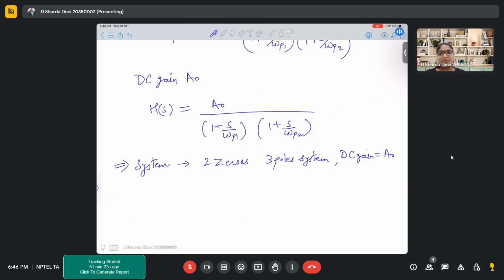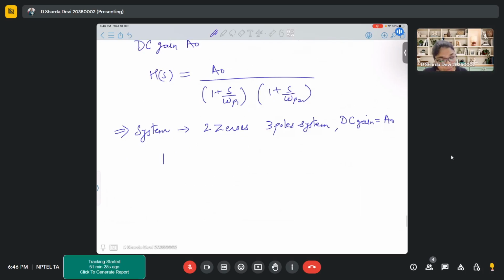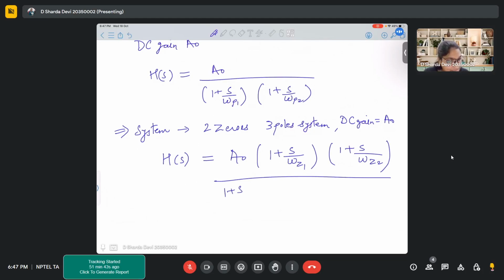Then H(S) is A naught, for the DC gain, times (1 plus S upon omega Z1)(1 plus S upon omega Z2) divided by (1 plus S upon omega P1)(1 plus S by omega P2)(1 plus S by omega P3). In this way, we can simply write the transfer function with the knowledge of poles and zeros.